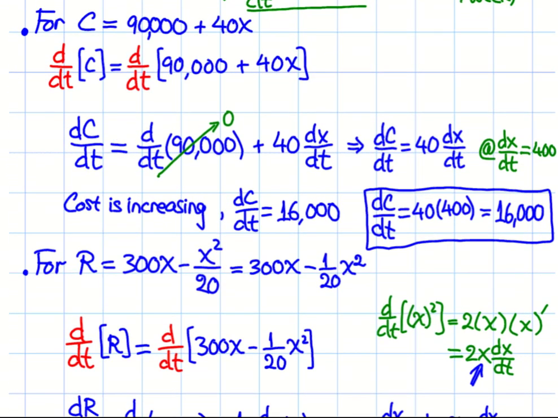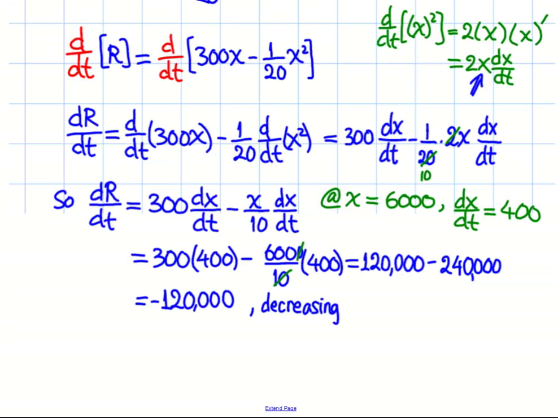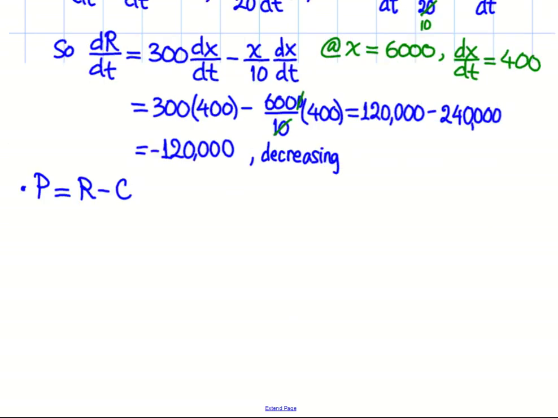And then finally, we have the profit is equal to the revenue minus the cost. We could subtract the functions and take the derivative, but that is quite a little bit of work. Here we just need to take the derivative with respect to t on both sides.